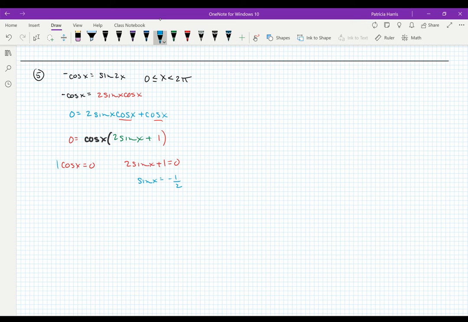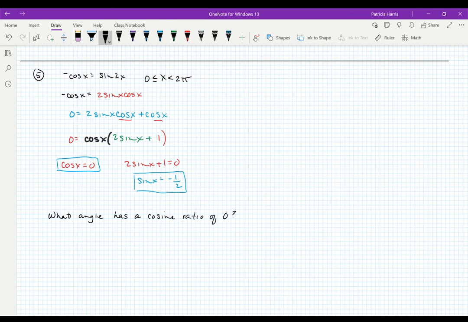Okay? So these are essentially asking us 2 questions because we're solving from 0 to 2 pi. So first question is, what angle has a cosine ratio of 0?